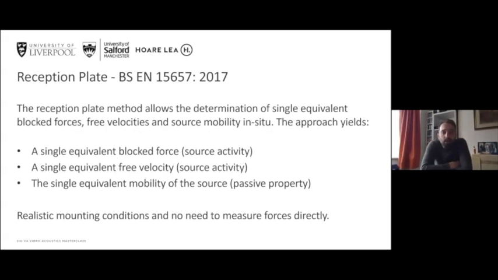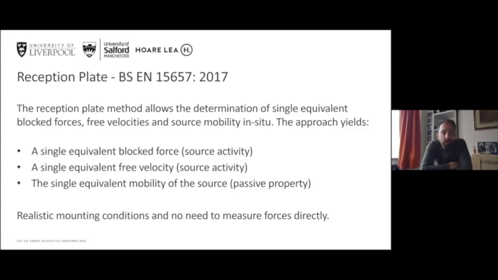Okay, so the reception plate method is written up in the British and European standard 15657. So if you want to read up on it, you can look at the standard and follow the procedure. I'm just going to give a broad overview of what the method is and how it works. The reception plate method essentially allows a determination of single equivalent values to describe source activity and passive properties of the source.